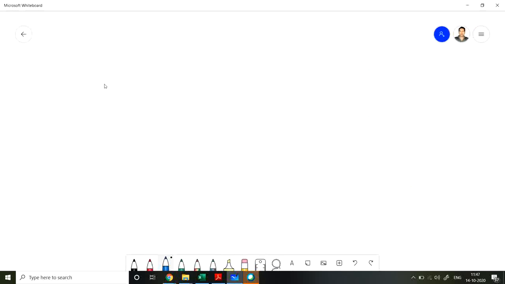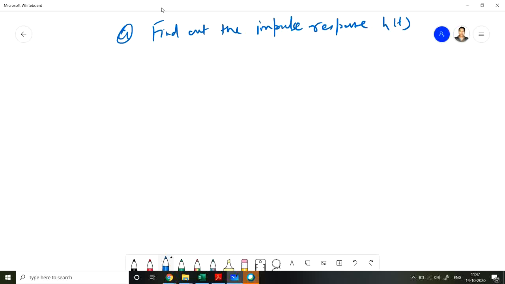The first question is: find out the impulse response h(t) of the overall system shown in figure 1.